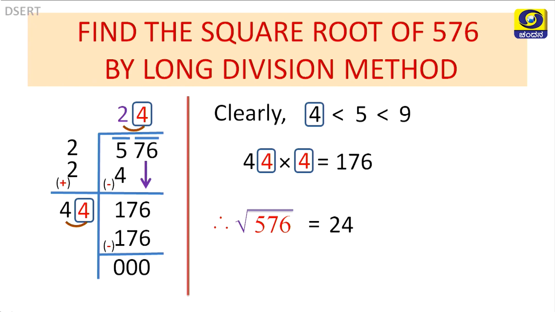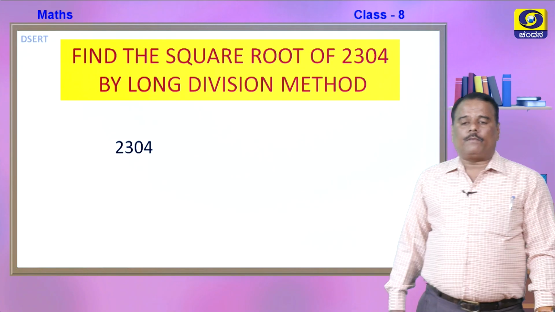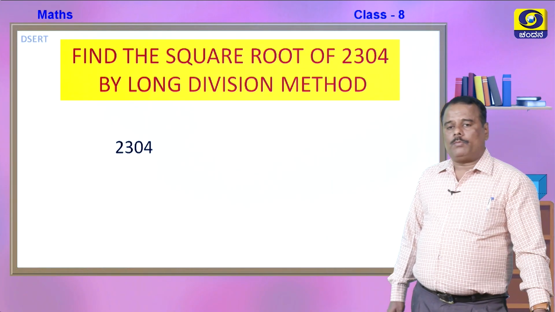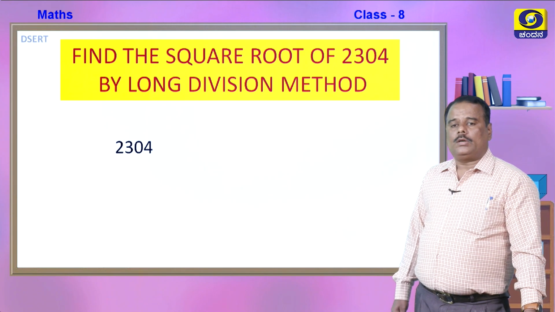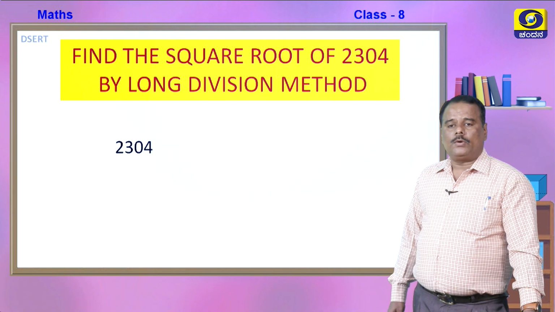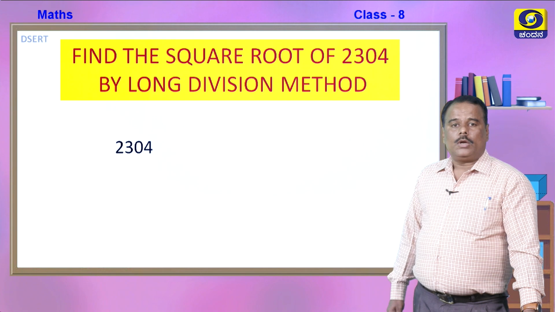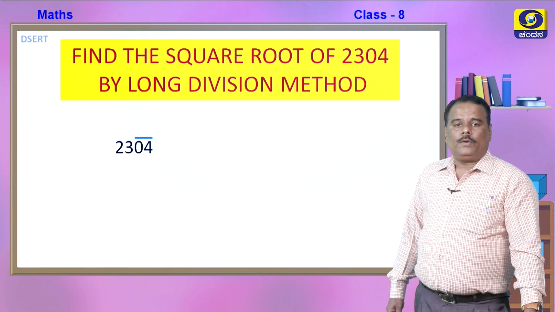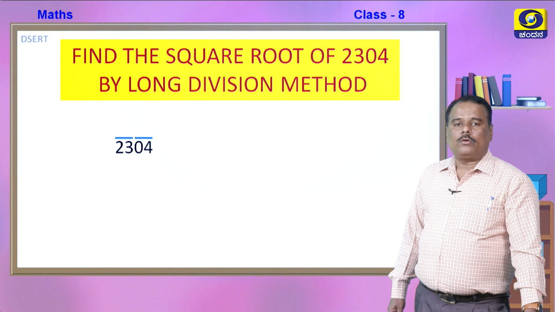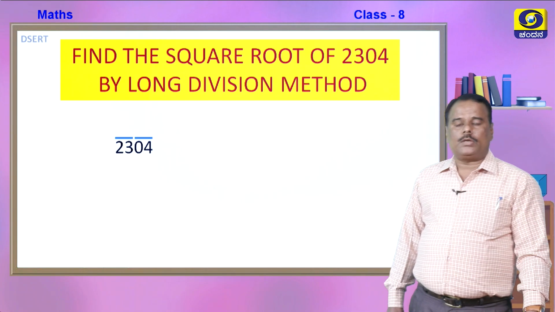Since this is a new method of division, we get acquainted with it with more and more practice. So let us have one more example of finding the square root by the long division method. Consider the perfect square number 2304. As we can see, it can be grouped into two groups, one is 04 and the other is 23.